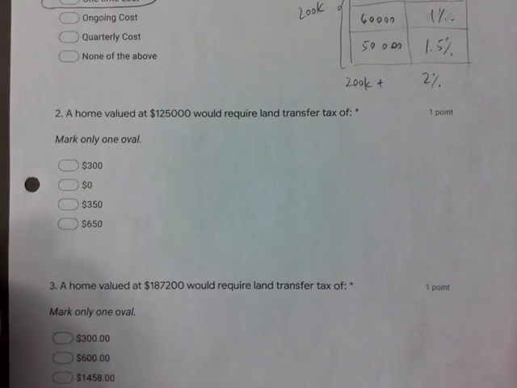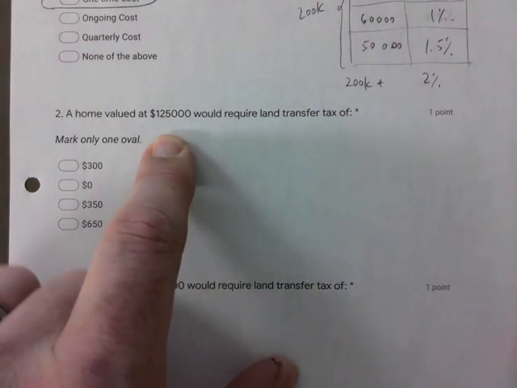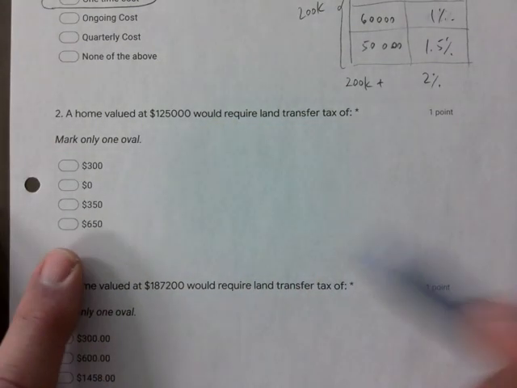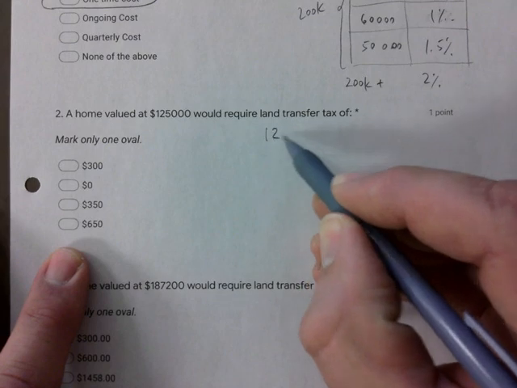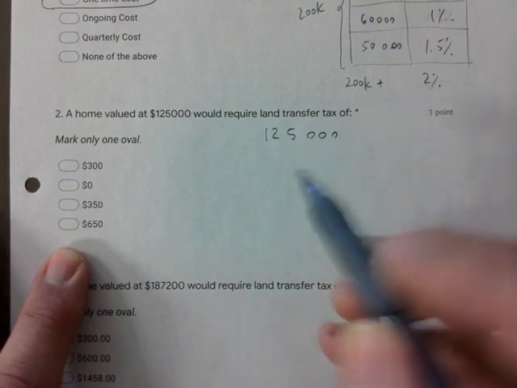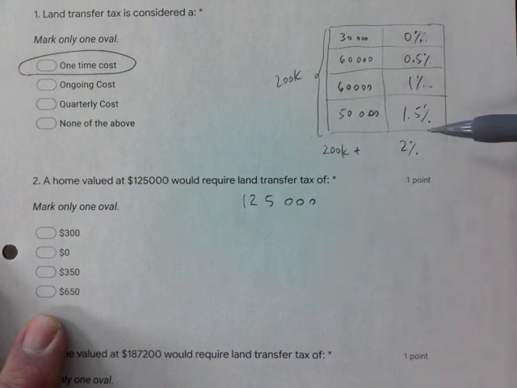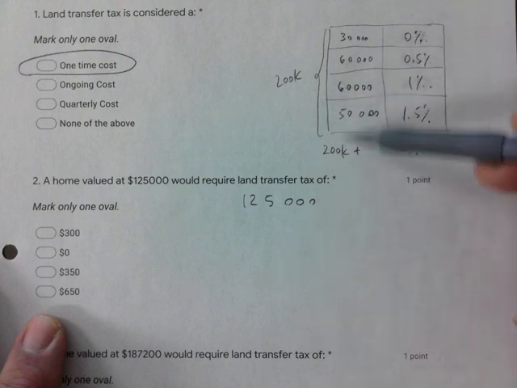Next, a home valued at 125,000 would require land transfer tax of... let's forget about this for now, let's do the actual math, right? So you start with your 125. Something tells me it's probably a good idea to have this on your study sheet, just in case, right?